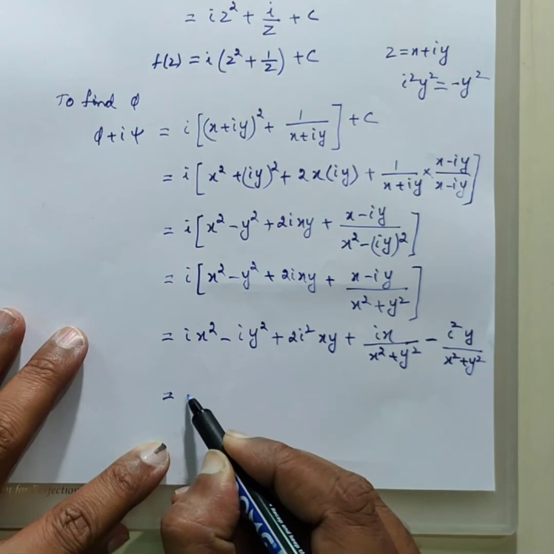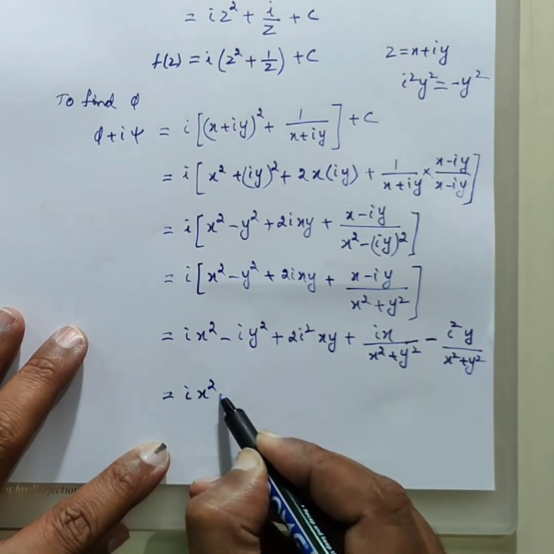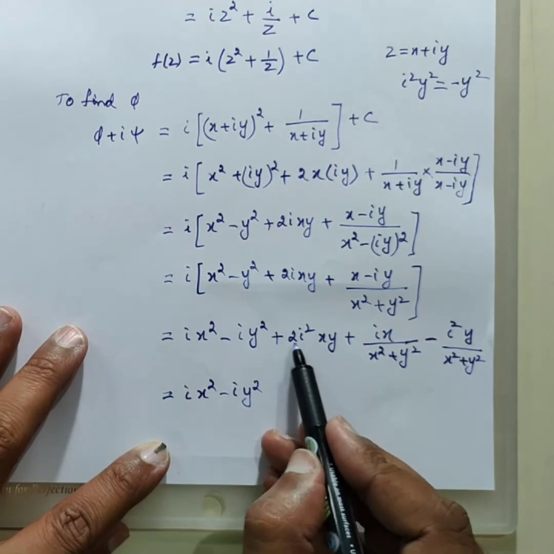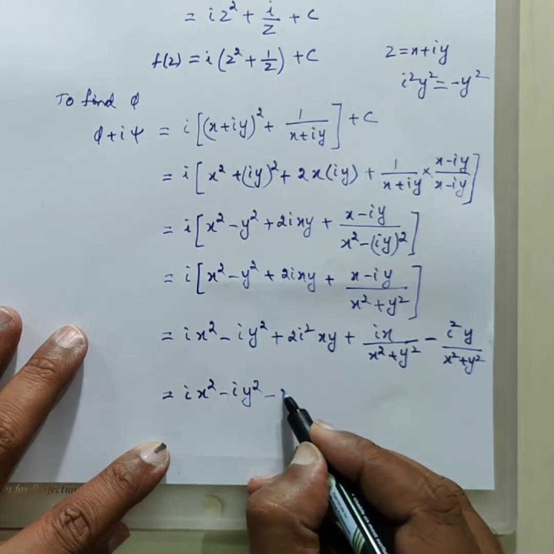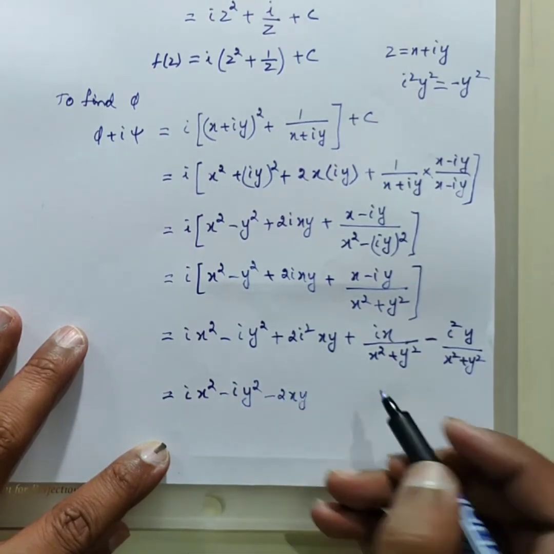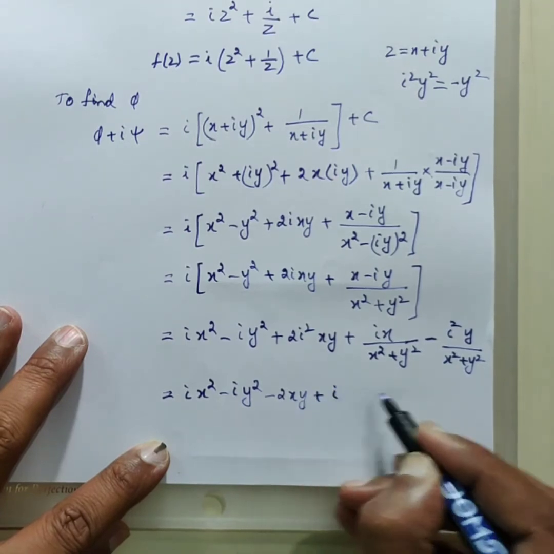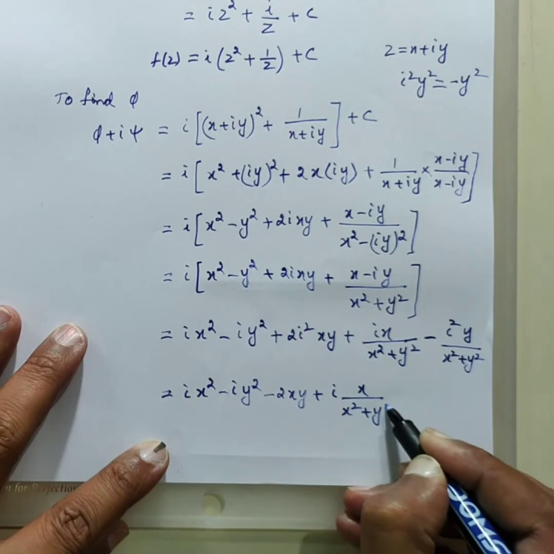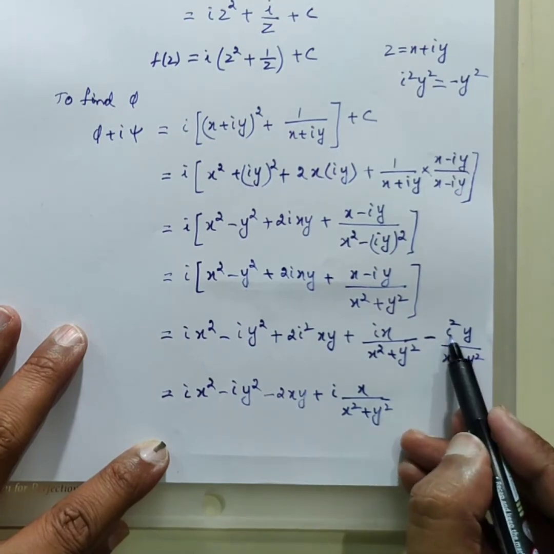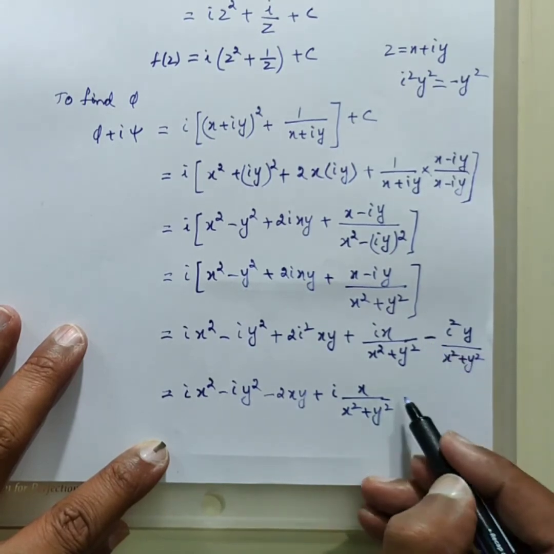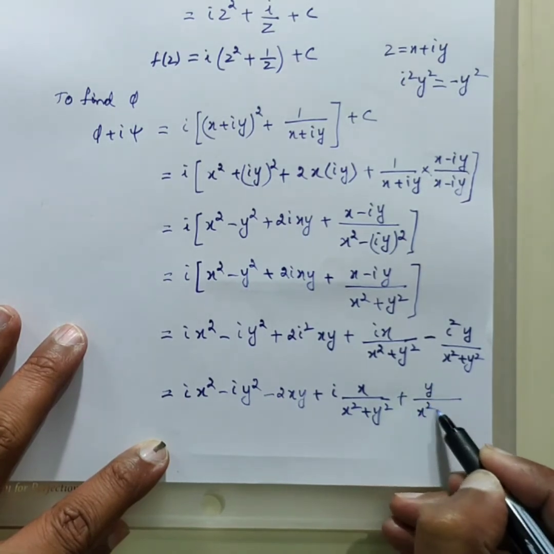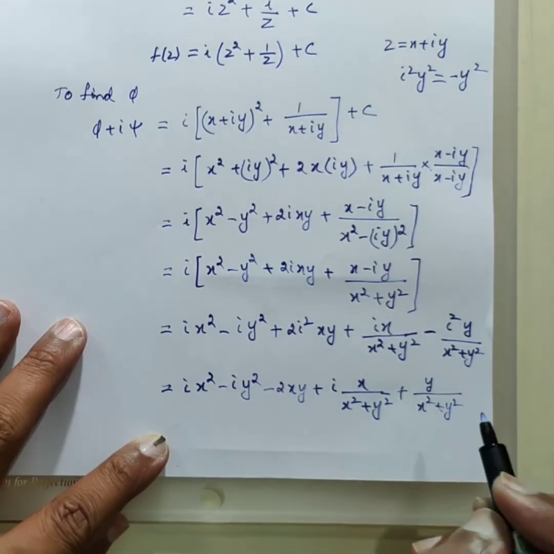So it is i into x square minus i into y square. I square value is minus 1, so it becomes minus 2xy, plus i into x by x square plus y square. Here i square will become minus 1, so minus of minus will become plus y by x square plus y square.